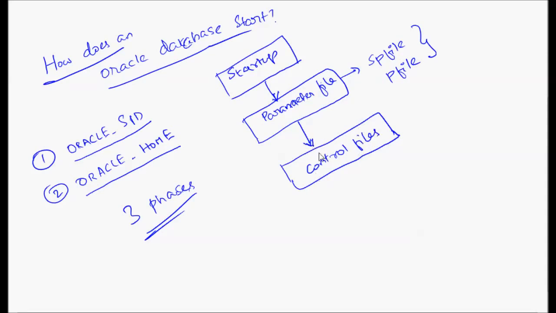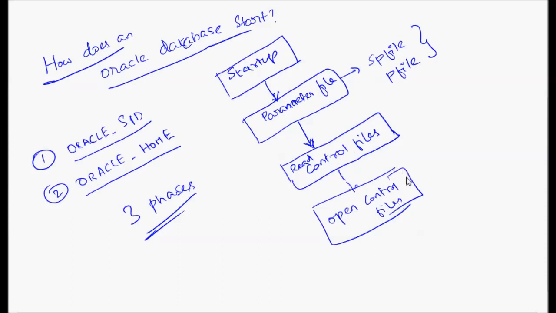It's very important. Once it's able to read the control files, it opens the control files. So let me put this as read control files and then open control files.